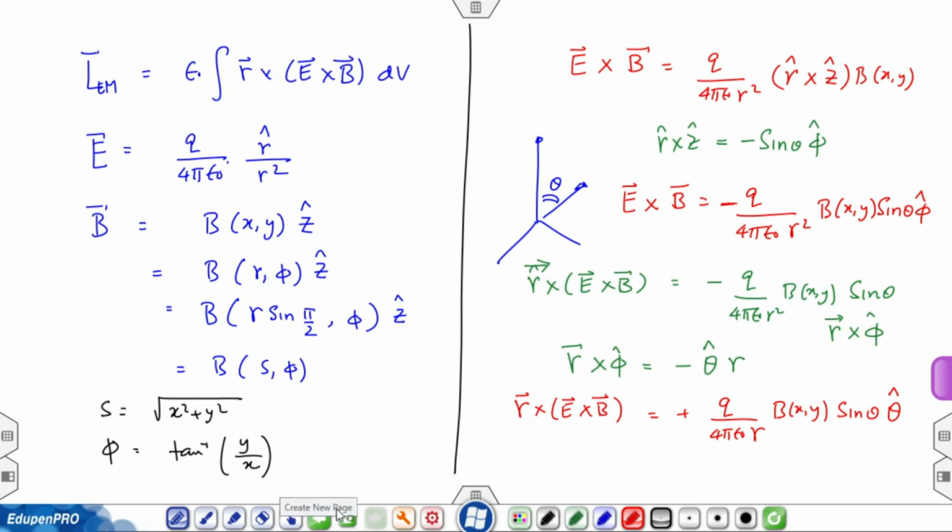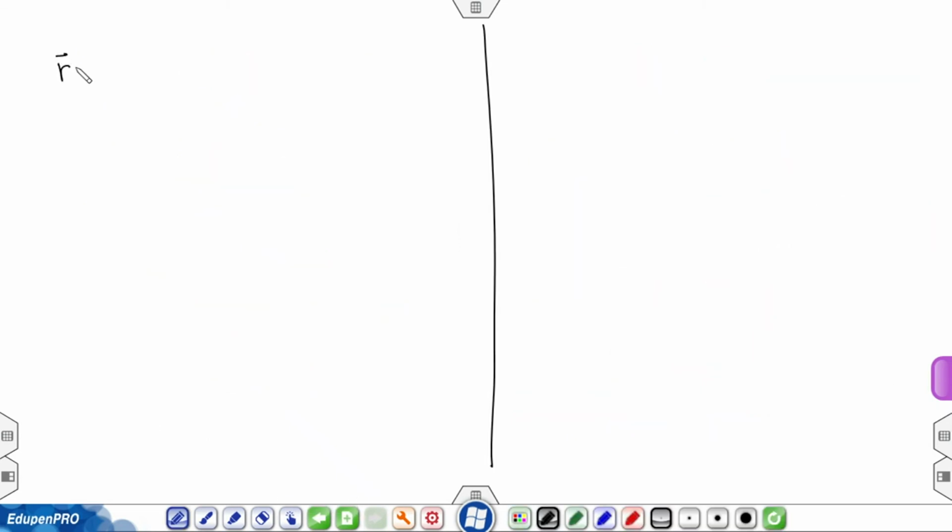So, let us do that. I have gotten r cross E cross B as q over 4 pi epsilon 0 r B x y sin theta, theta unit vector.